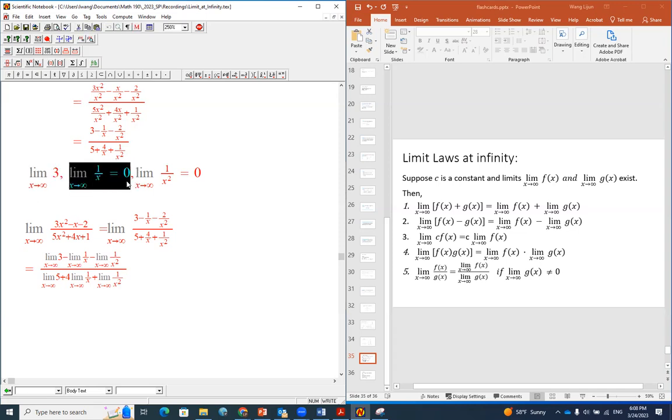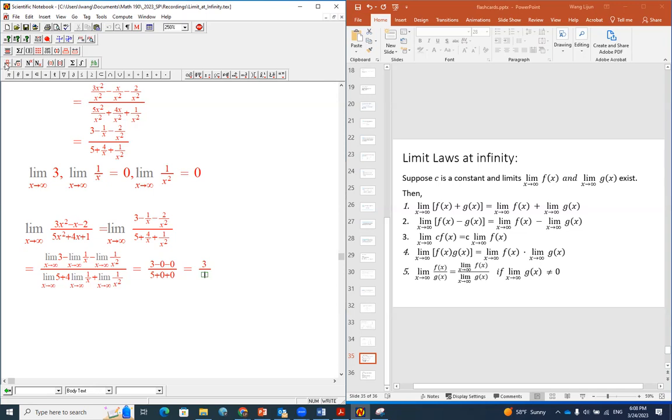The limit of 1 over x is 0 at infinity. The limit of 1 over x squared is 0 at infinity. So we apply the law of limit. In the end, we are getting 3 minus 0 minus 0. The bottom is 5 plus 0 plus 0. Of course, the final answer is 3/5.